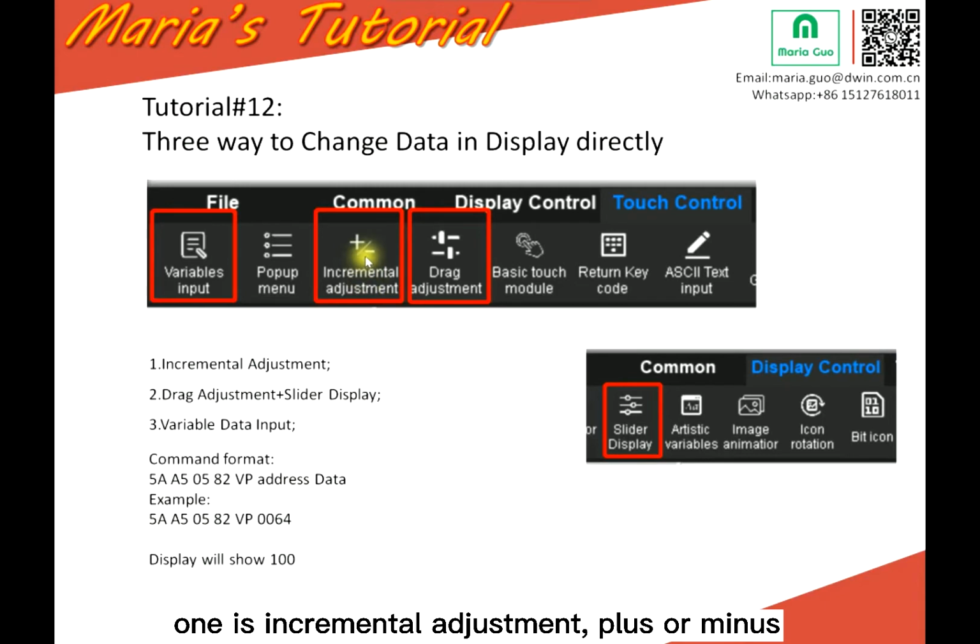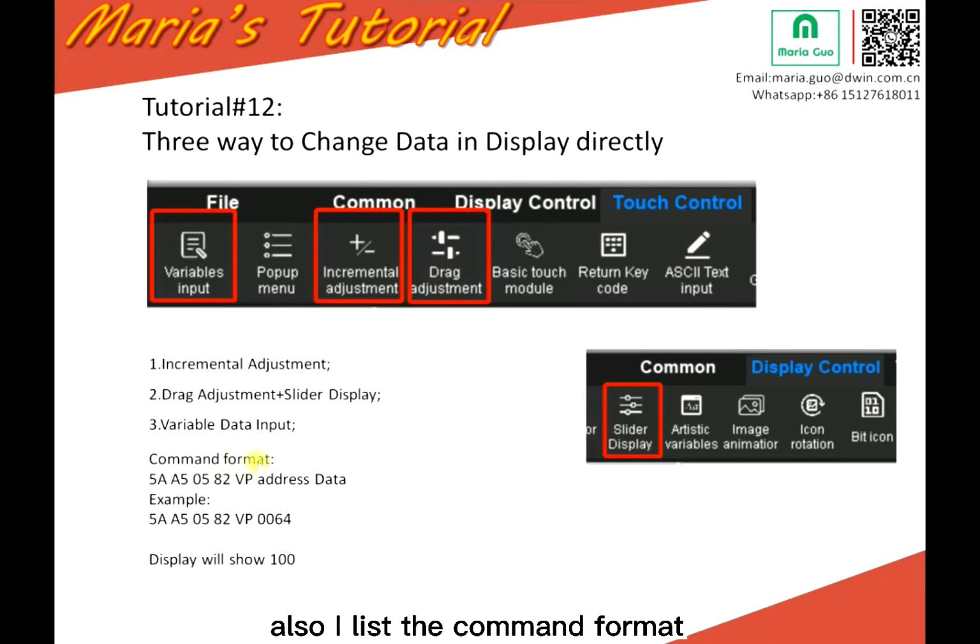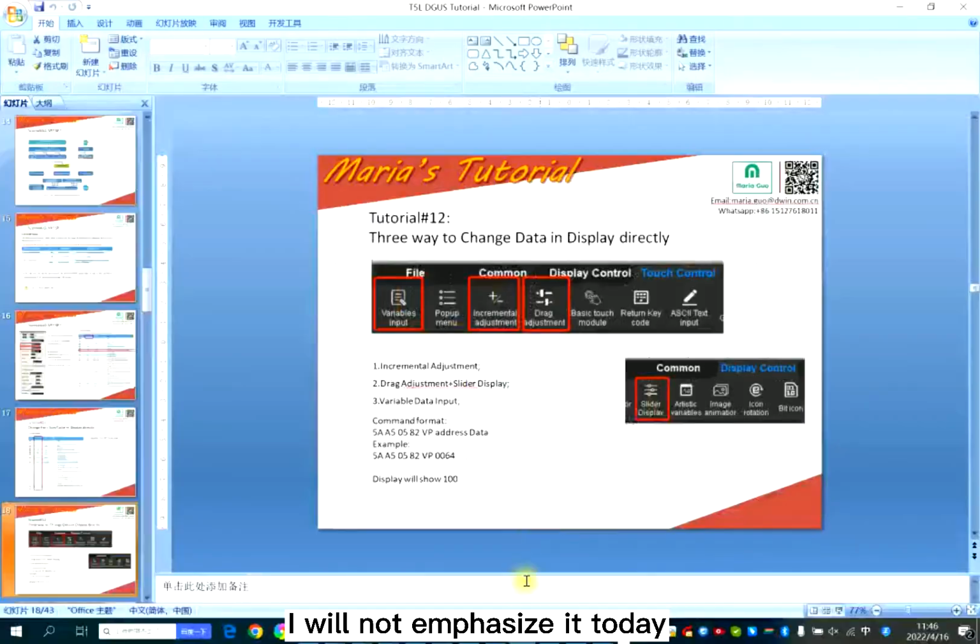The second one is incremental adjustment, plus or minus. And the third one is drag adjustment. Also, I list the command format to change the data via the serial port. I have shown this format before, so I will not emphasize it today.